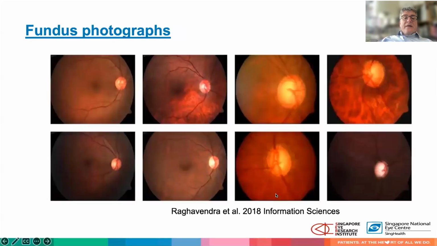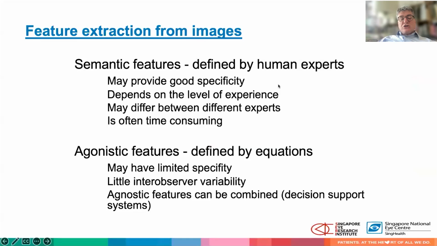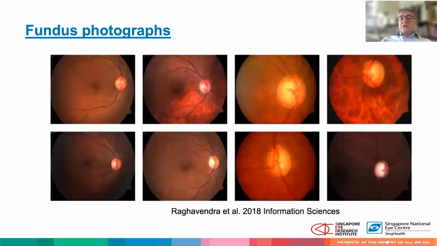Now here you see fundus photographs of different types of glaucoma. All these patients here do have glaucoma, and usually when you use fundus photographs, according to this definition, you use semantic features to assess whether this fundus is glaucomatous or not.